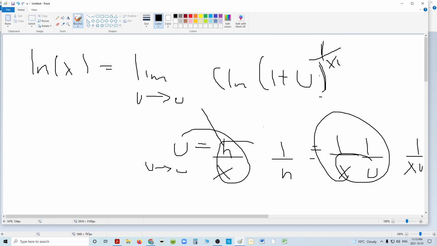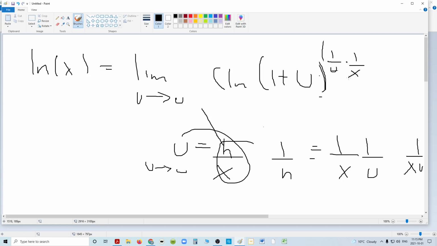The only problem with that is we're kind of close to something that might look like e, but there's an x in there. Well, keep in mind I can replace this fraction as these two separate fractions multiplying each other. I can replace 1 over u times x as 1 over u times 1 over x.